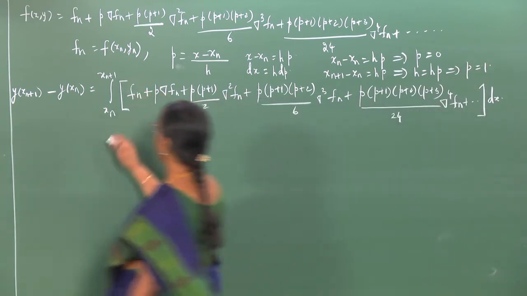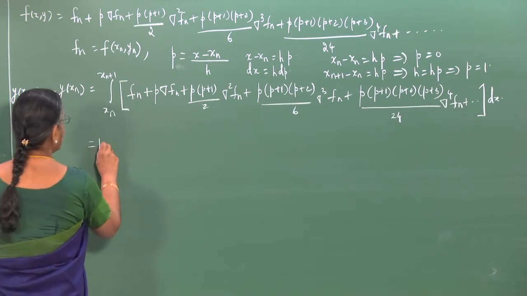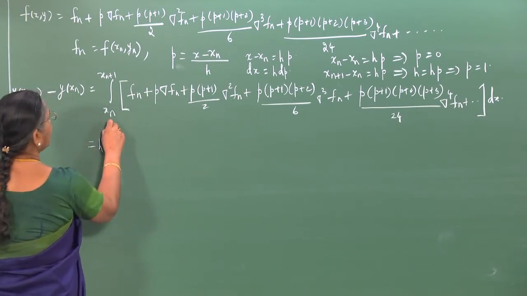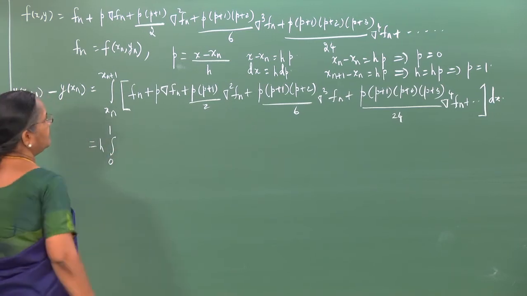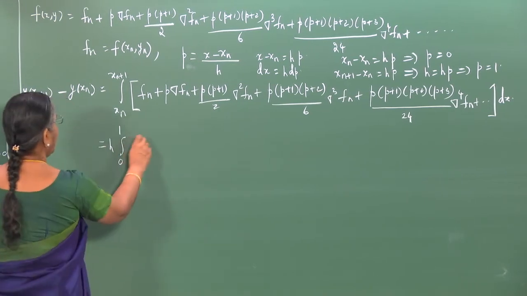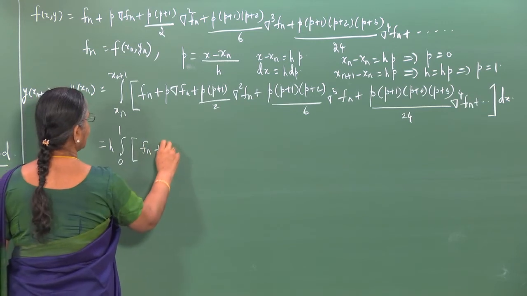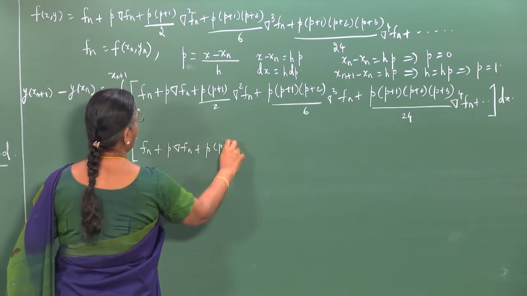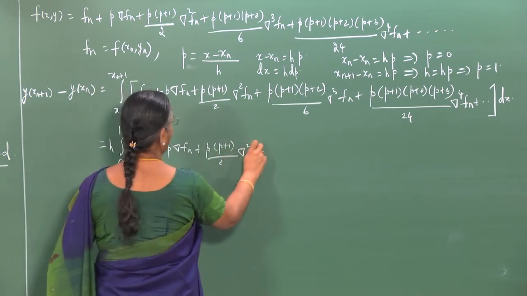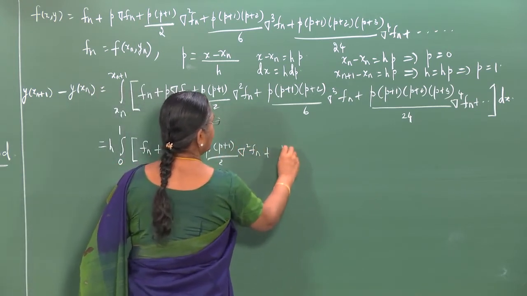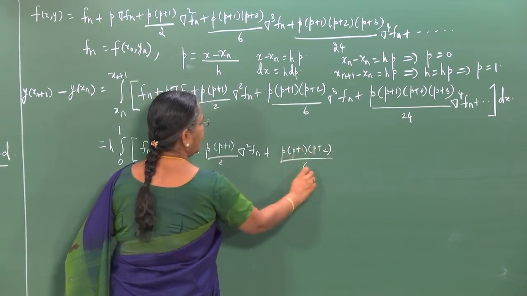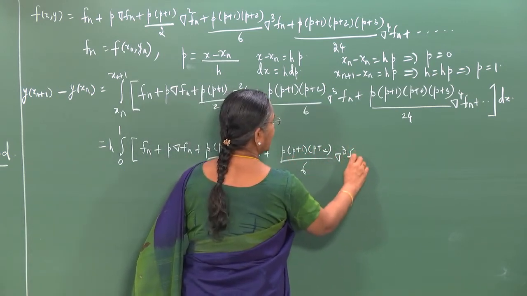So, the integration is h times integral 0 to 1 Fn plus p delta Fn plus p plus 1 by 2 del square Fn. So, I write down all these terms as they are and then perform the integration.